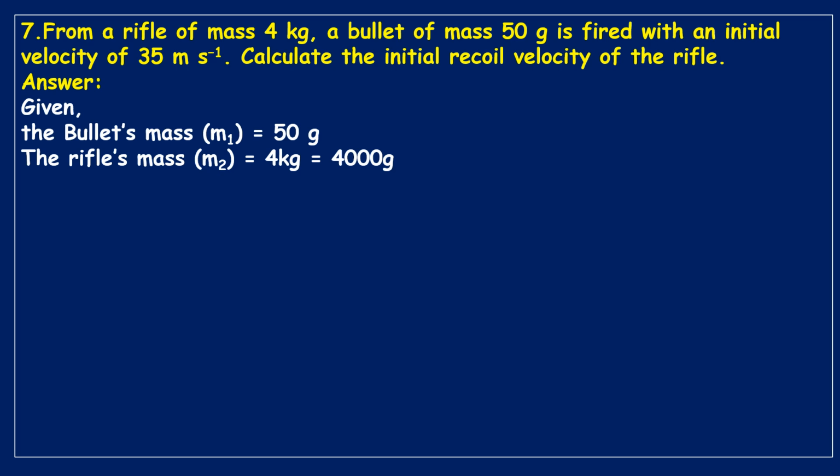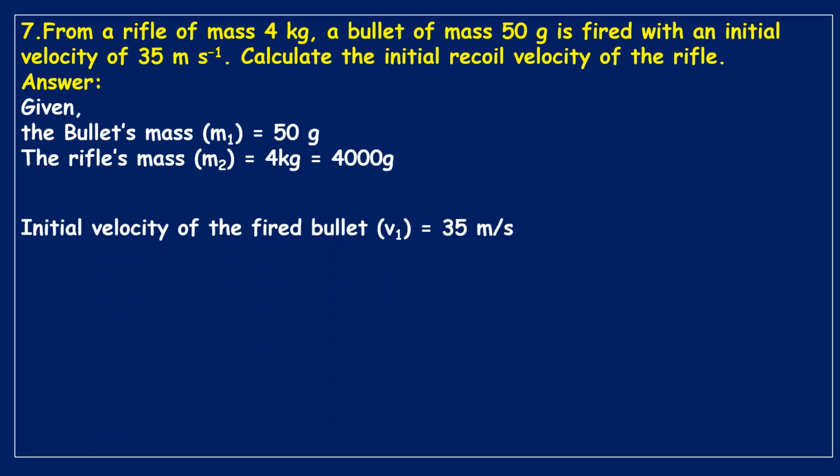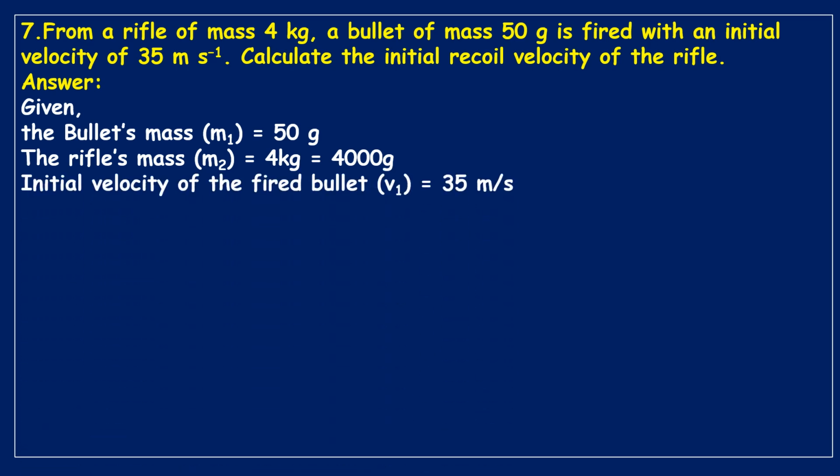So that is equal to 4000 grams. The initial velocity of the fired bullet, v1, is equal to 35 meters per second. Let the recoil velocity be v2, that is the final velocity. Whose velocity is this? It is the rifle's recoil velocity.